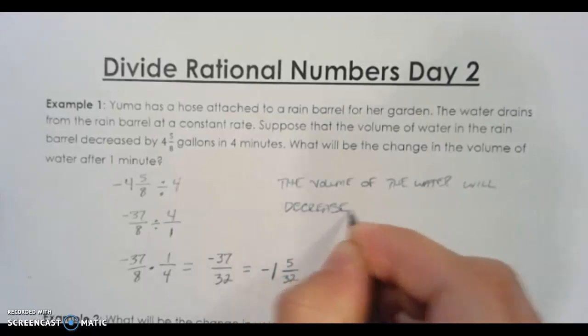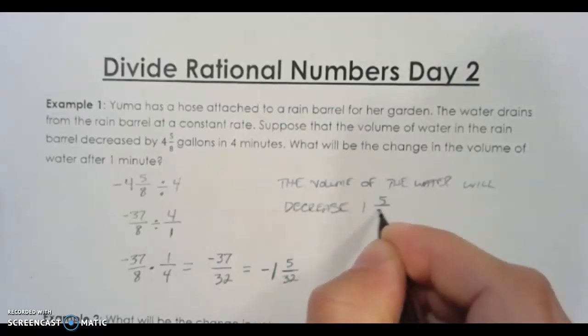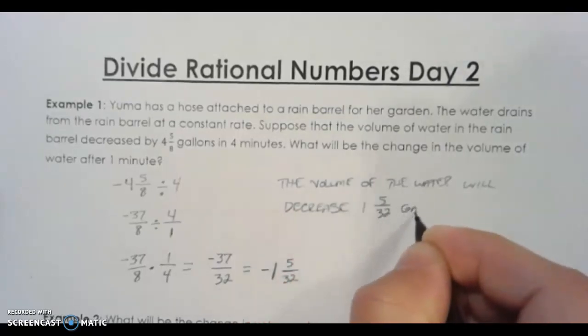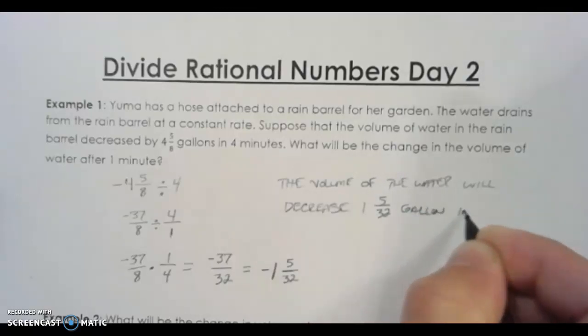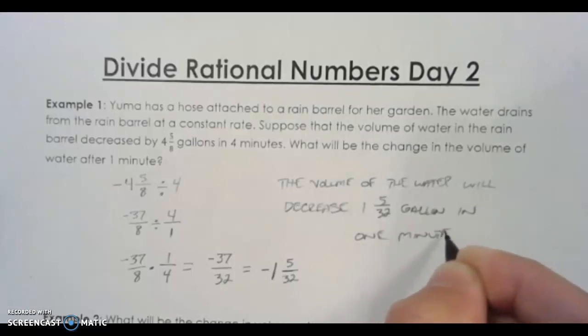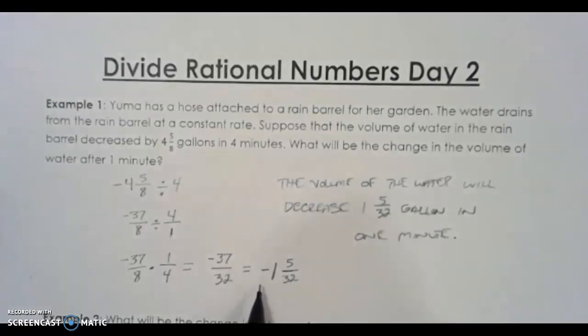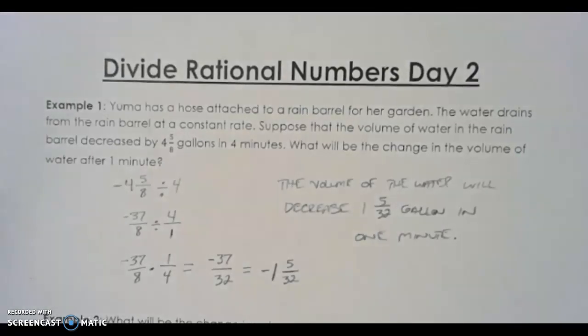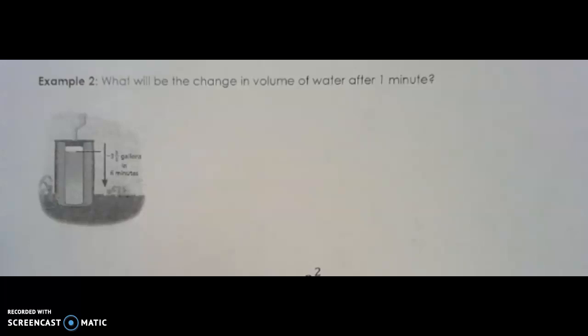It will decrease 1 5/32 gallons in 1 minute. Since my number here was negative, I know that means it's going to decrease 1 5/32 gallons in a minute.